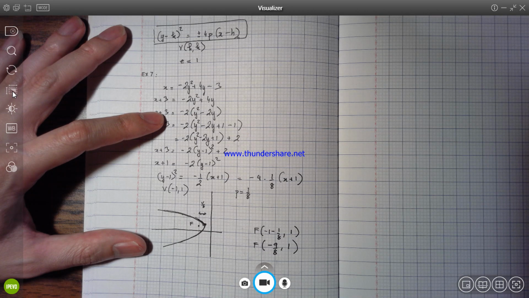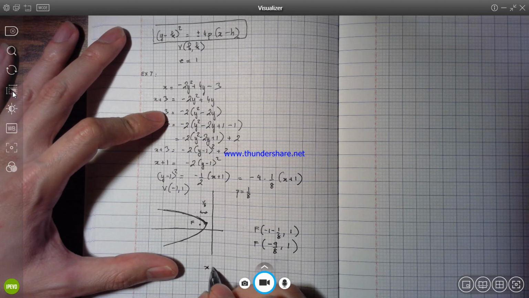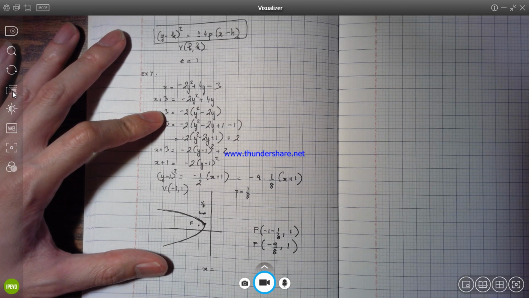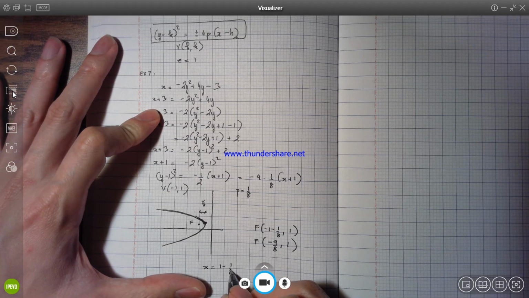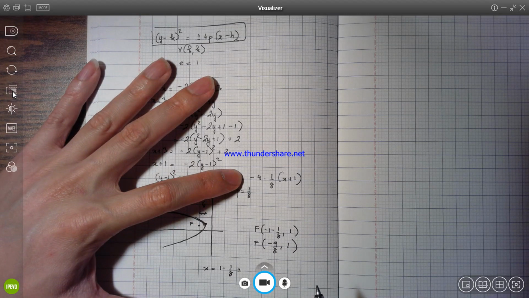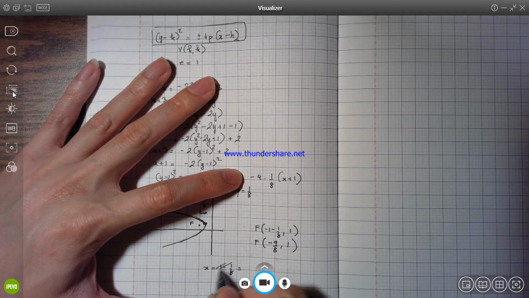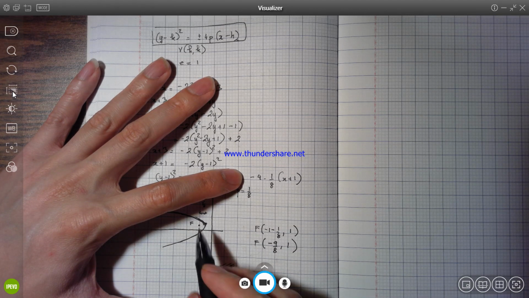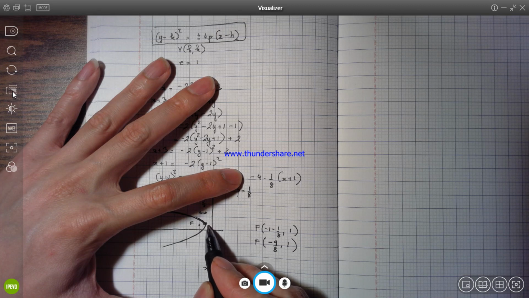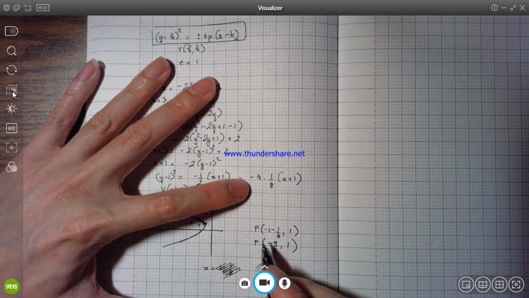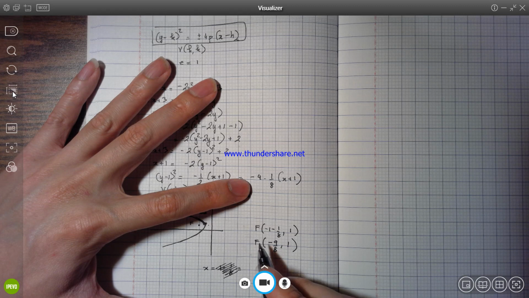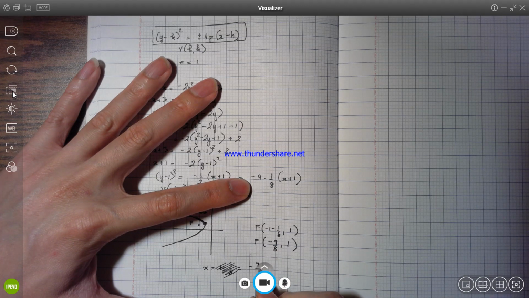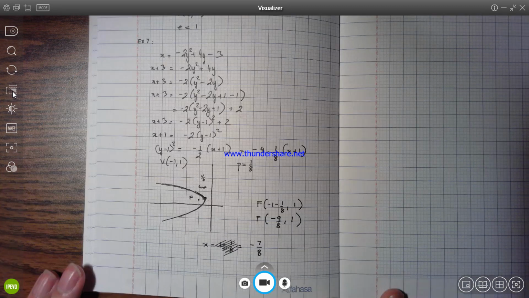So the equation will be x equal 1 minus 1/8. Okay, I'm sorry. So the equation will be negative 7/8. Okay, the equation will be negative 7/8.